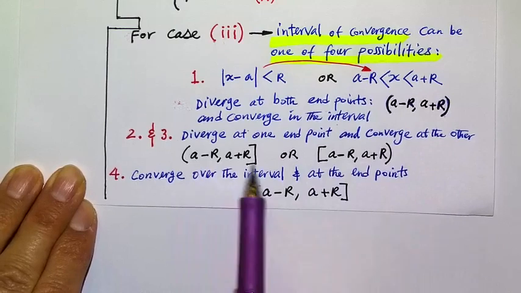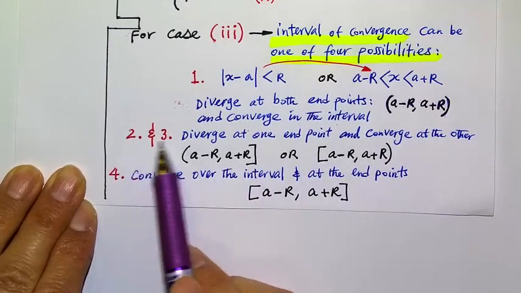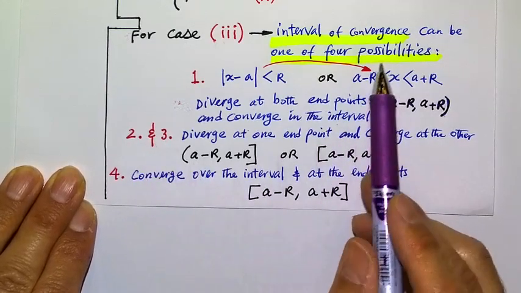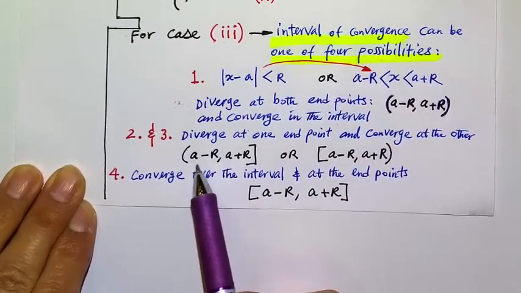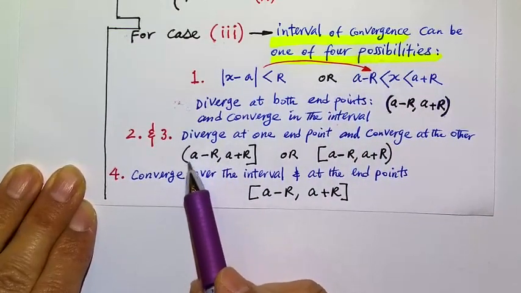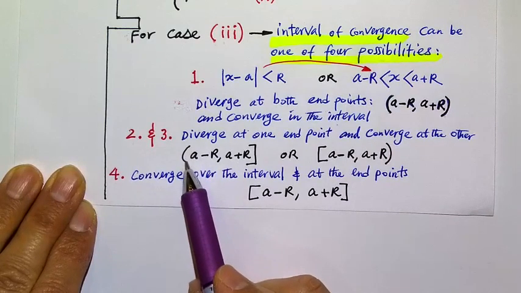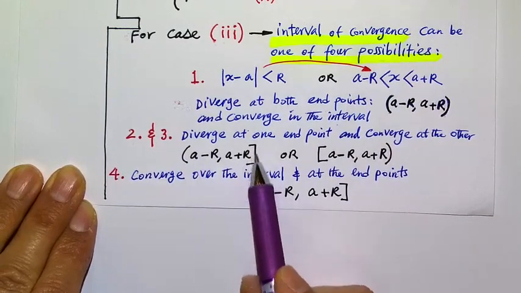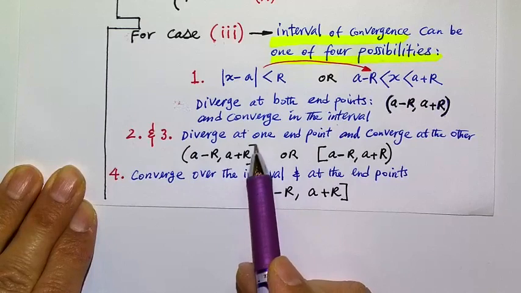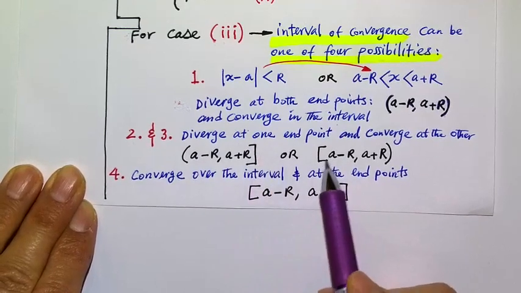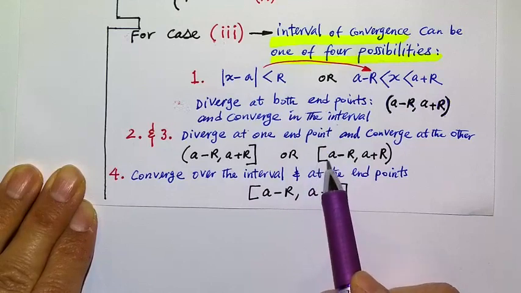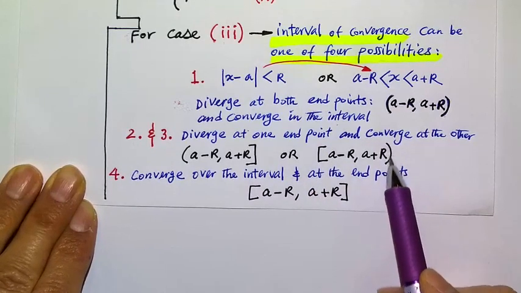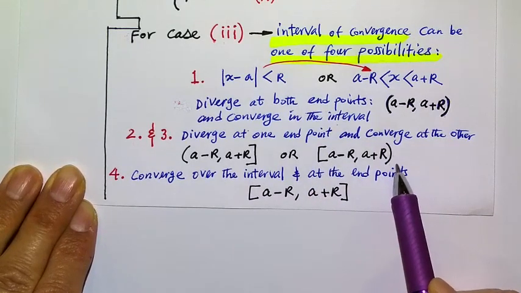In other words, we can have this case. That's why I combined the second and the third possibilities together, because the series can diverge at this endpoint but converge at this endpoint, as shown with this bracket. Or it can converge at the left endpoint and diverge at the right endpoint.